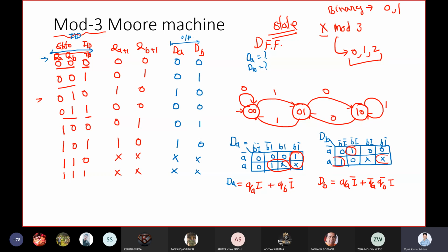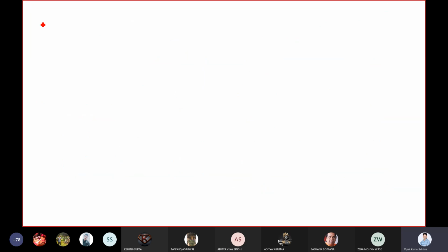So the next stage is to realize the circuit for this entire mod 3 operation, right? In order to do that, let me take this DA and DB into the next page so that we can easily make the circuit.